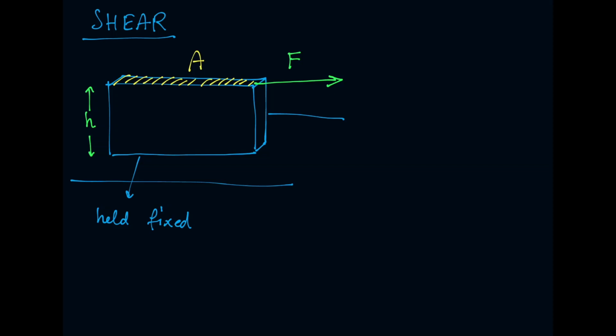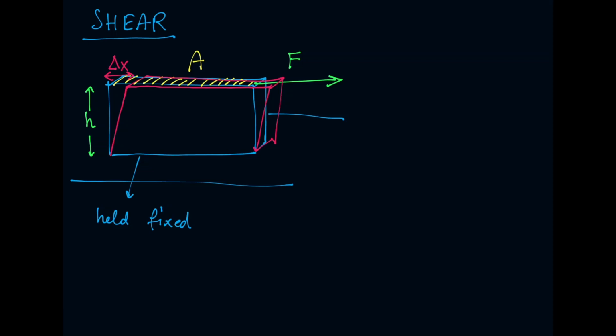You can probably imagine that the resulting deformation is something like this, where the face that I'm looking at goes from being a rectangle to being a slightly tilted parallelogram. In particular, this delta x quantifies the amount, the change in shape.